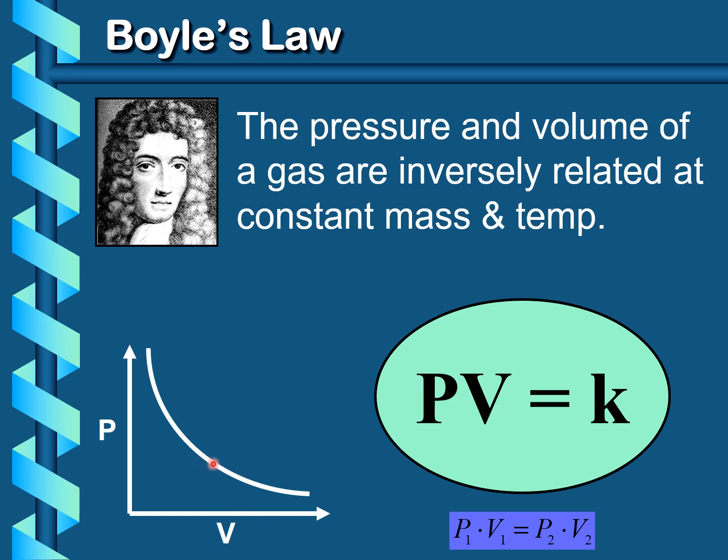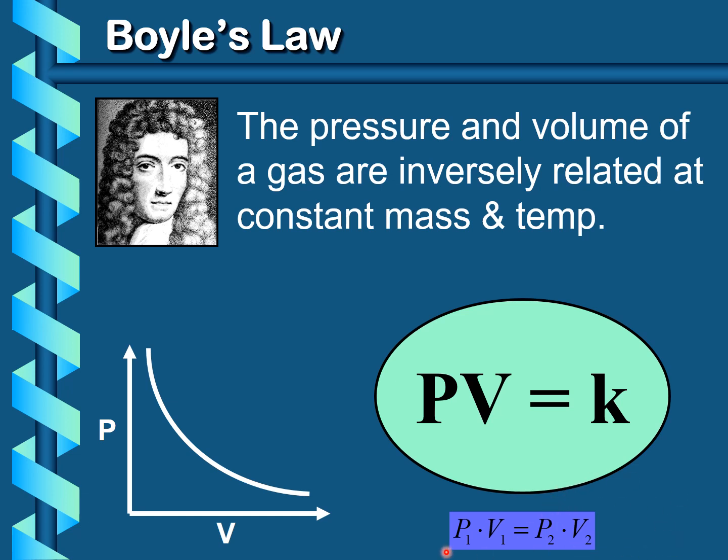If the volume decreases, pressure increases. If the volume increases, pressure decreases. That's what inversely proportional means. Okay? So, if we have this relationship, it would tell us that the product of the pressure and volume of a gas at initial condition should be equal to the product of the pressure and volume of a gas at the final condition.